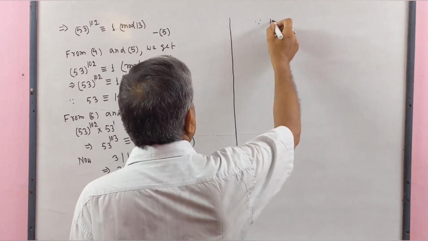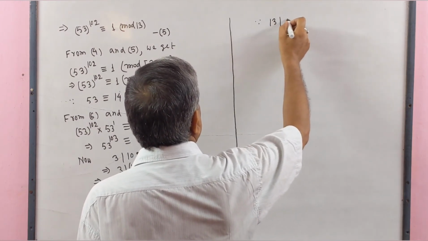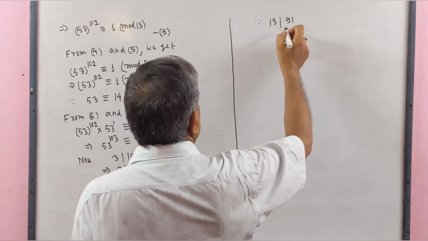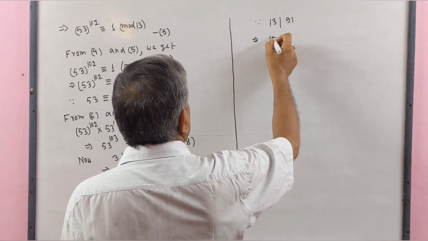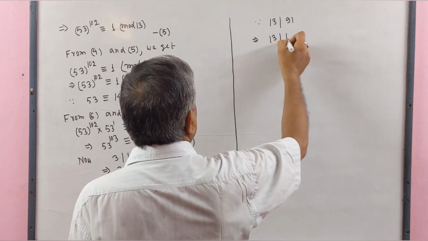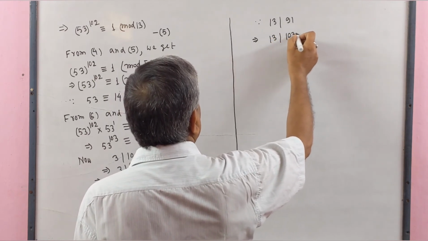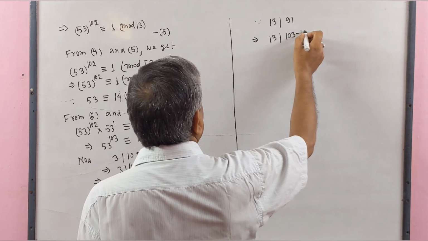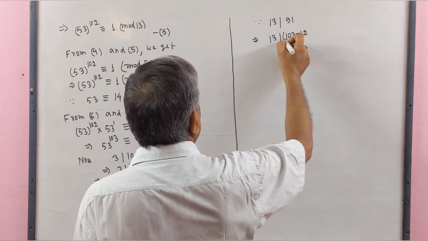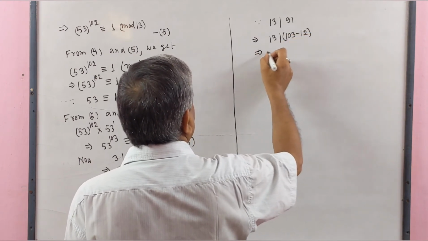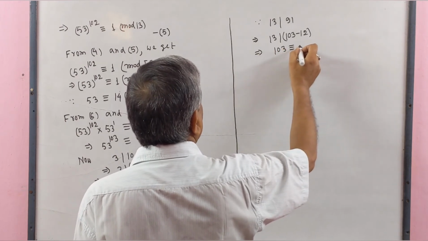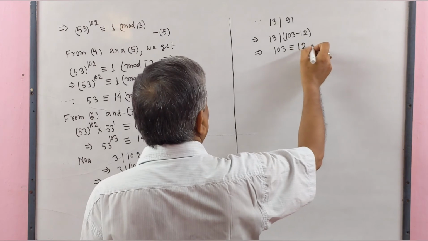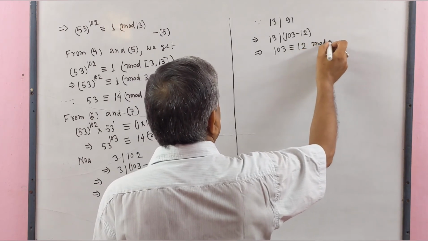Since 13 divides 91, this implies that 13 divides 103 minus 12. This implies that 103 is congruent to 12 modulo 13.